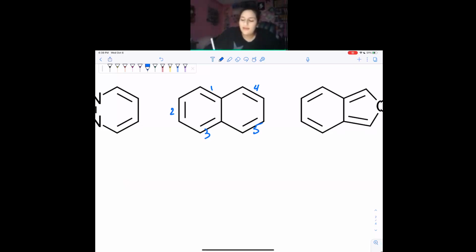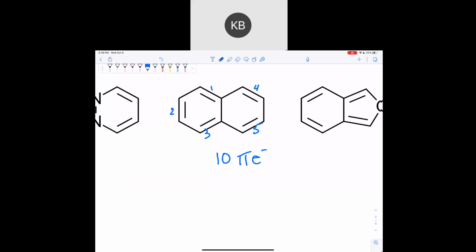And that is 10 pi electrons. So does that follow the aromatic or the anti-aromatic rule? That would be aromatic. Yep. Ta-da!